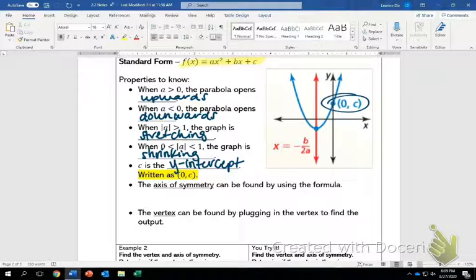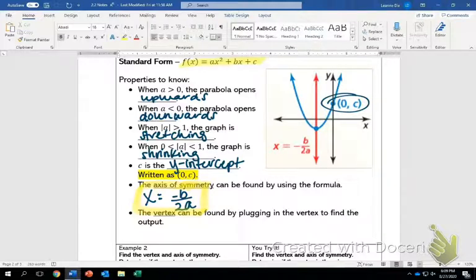So what they did was they created a formula to help you identify your axis of symmetry, which helps you identify your vertex. So the axis of symmetry is going to be x equals negative b over 2a. And this is the most important piece from your standard form. After you find this x value, remember, it's the same x value as your vertex. So if you have an x value, you can actually plug it back into your equation to get your y value.